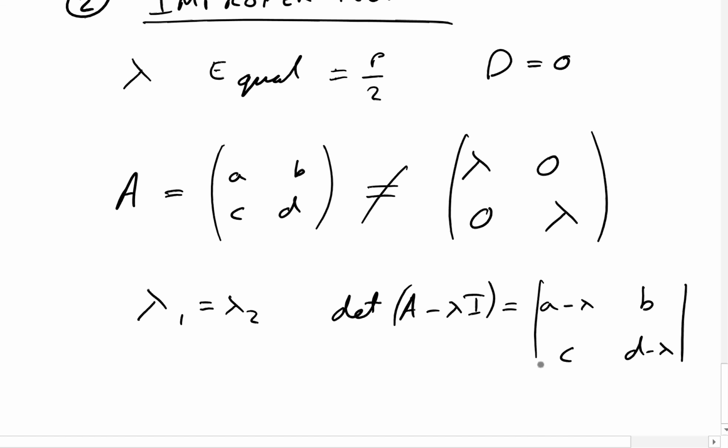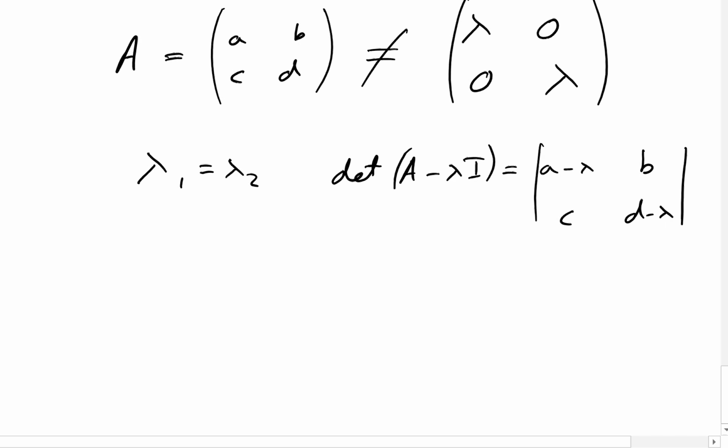Setting it equal to 0, we've got A minus lambda times D minus lambda, but now this BC term comes in on the end, whereas before it was just 0.